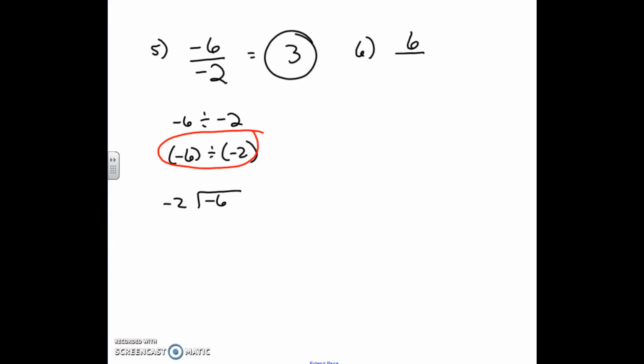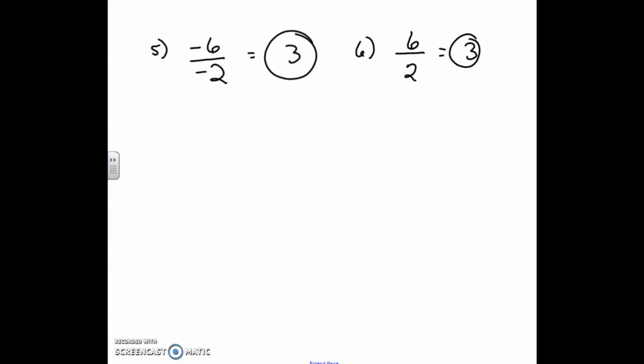Just as a +6 divided by a +2 is a positive 3, because we have like signs. If our numbers are not the same sign, like if we have -6 divided by 2, you still divide. 6 divided by 2 still is going to give you 3, but because the 6 is negative and the 2 is positive, your answer is negative, because they're not like signs.